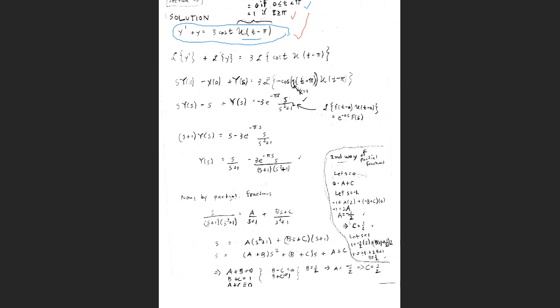In the book, if you look at figure 7.3.4 in the textbook, they show a function that is somewhat different than a unit step function.